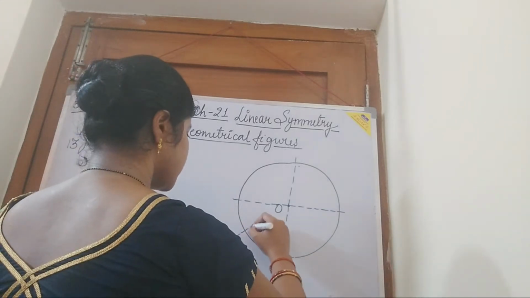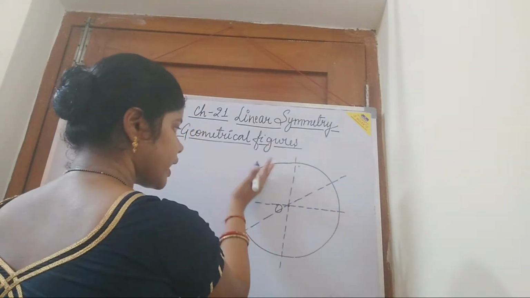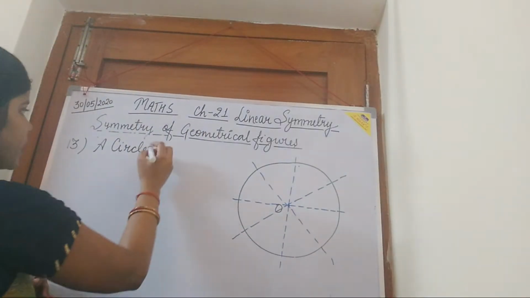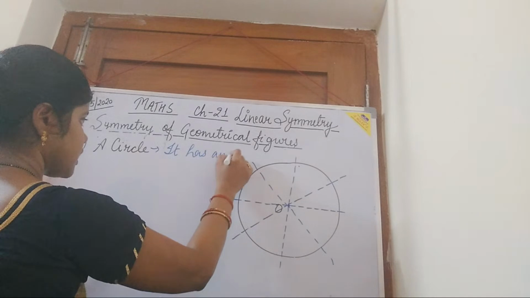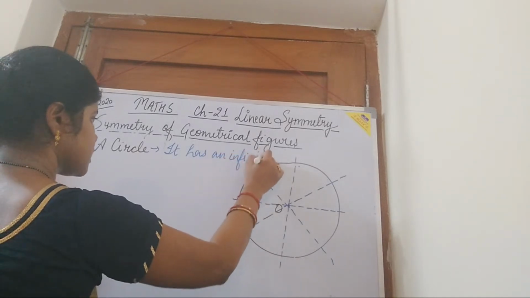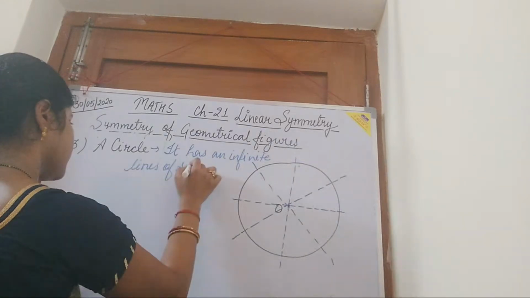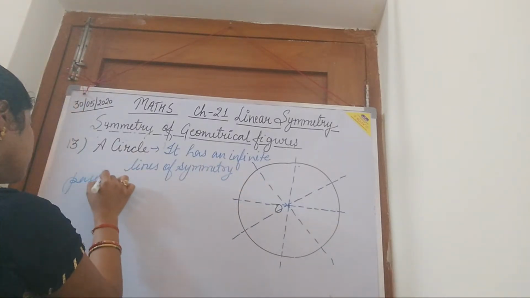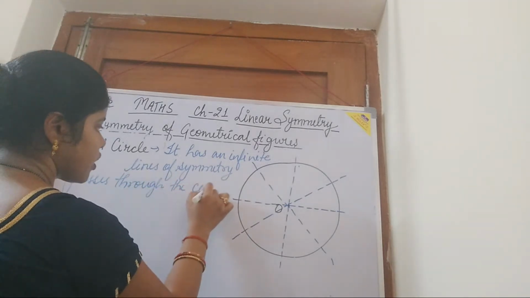Another line of symmetry also divides the circle into two identical parts. So you can write: a circle has infinite lines of symmetry which pass through the center of a circle.